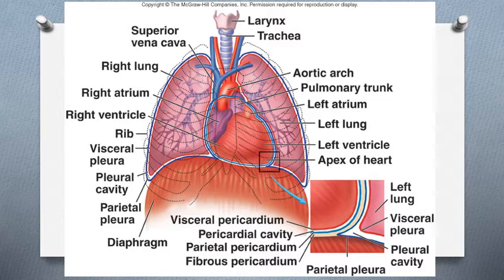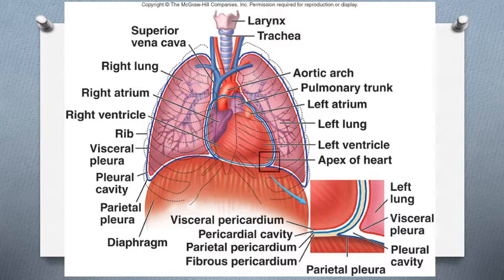The heart is situated slightly towards the left of the lungs, and therefore, because it's towards the left, the left lung is actually smaller. Now you may be looking at this video and thinking that that's the right lung. Well, when you're looking at an image, because of the image being flipped, the left side of the page is actually the right side of the body, while the right side of the page is the left side of the body.